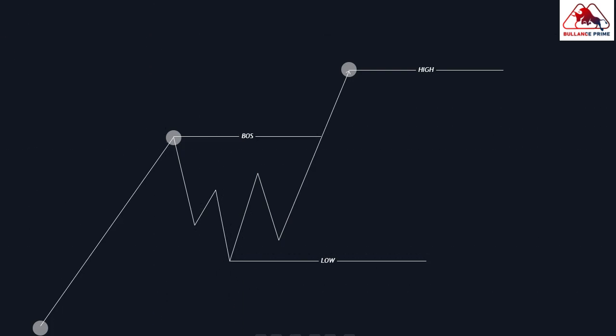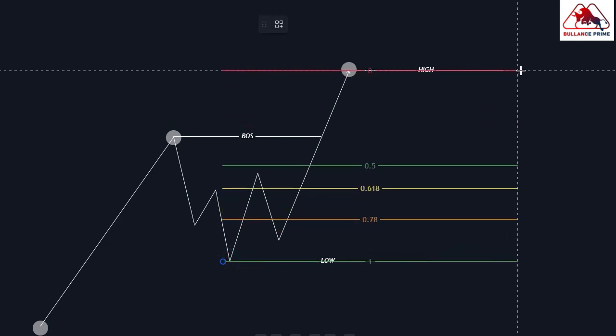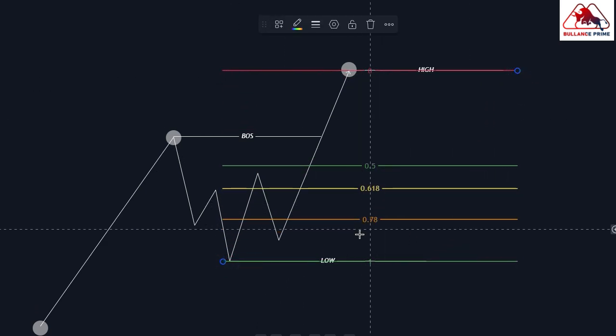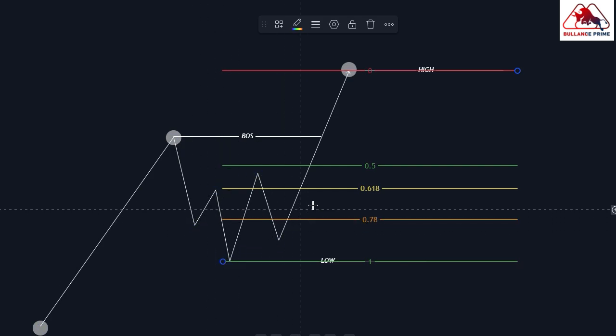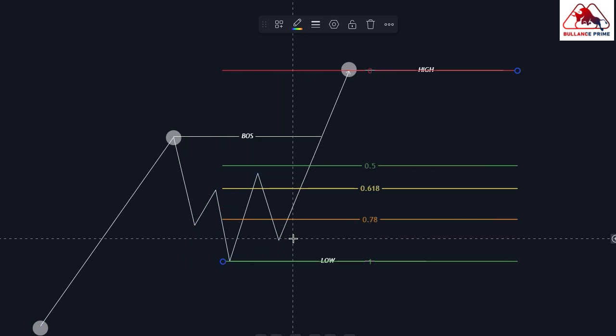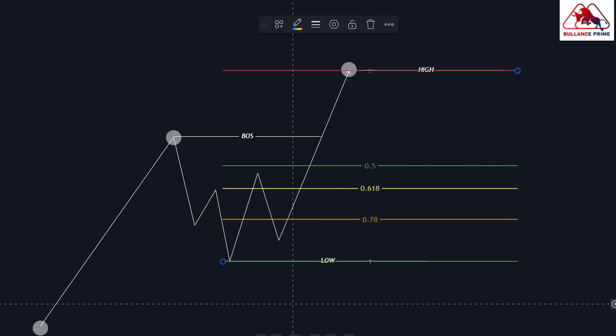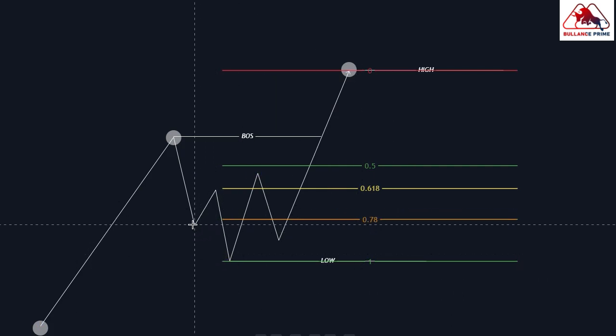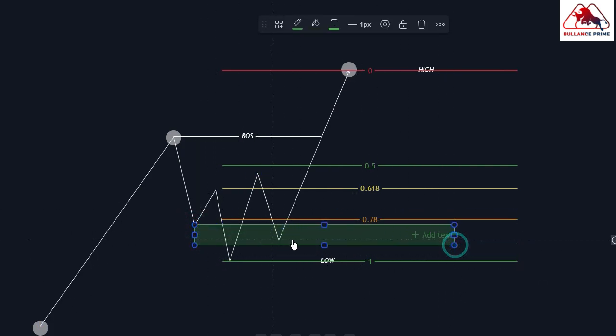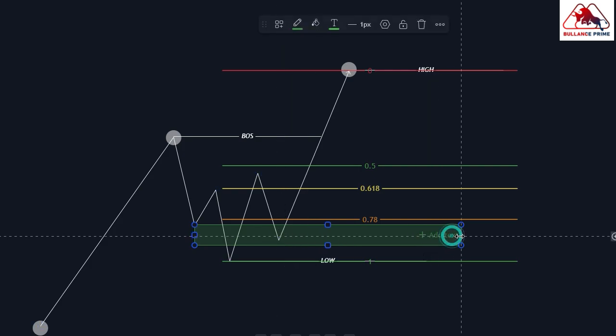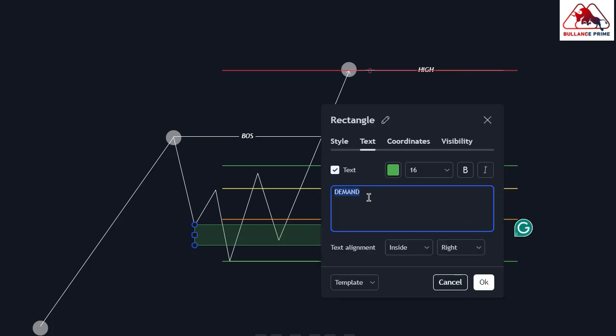One more important thing: we apply a Fibonacci retracement, and we can see this level area is around 5 points below this level. We can mark this area, and there you can check an order block level. So this is our demand, and this will actually be an order block demand.